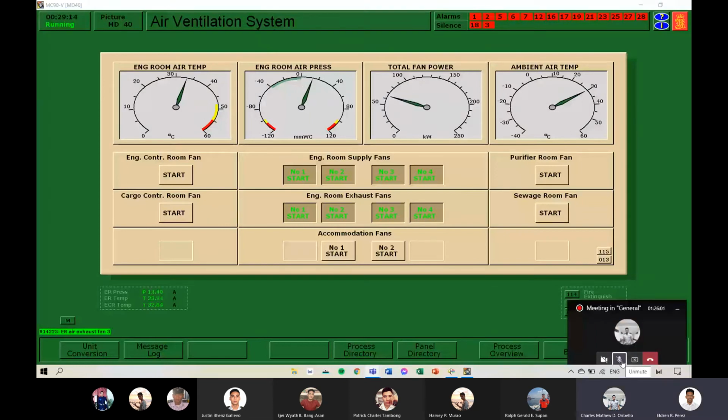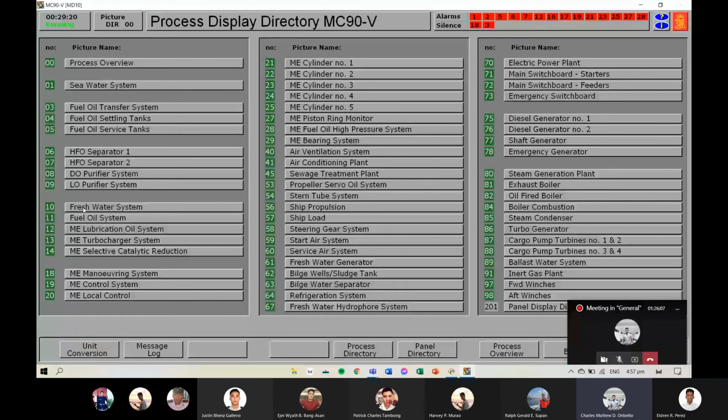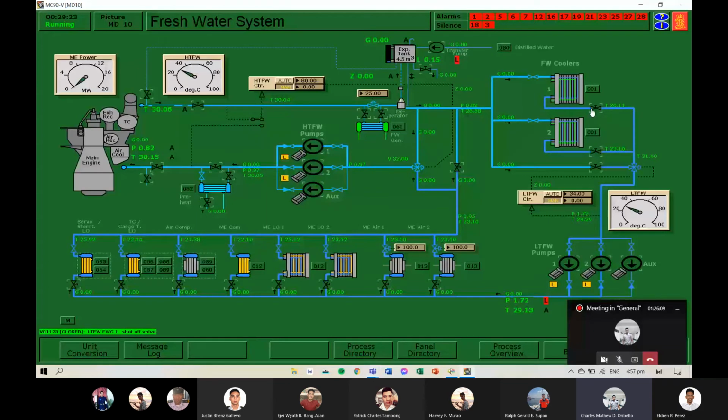Chief Engineer Perez, sir, go to Directory 10, Freshwater System, open low temperature freshwater cooler number 1 shut-off valve. Done. Chief Engineer Perez, sir, open low temperature freshwater cooler 1 and 2 bypass valve, and air compressor cooler shut-off valve.